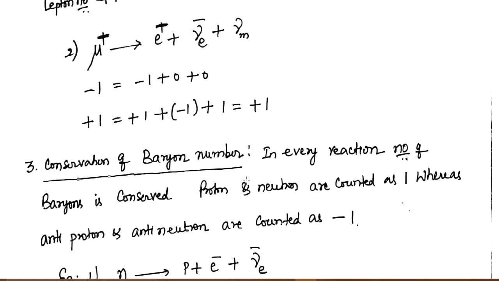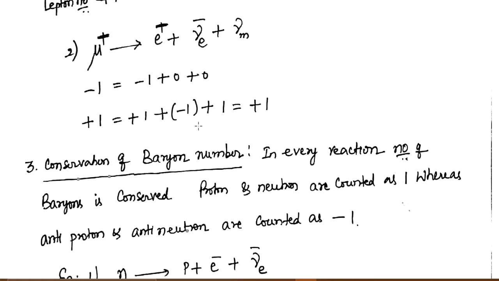Therefore the charge quantum number is satisfied. In the second line we write the lepton number: plus 1 for mu minus, for electron it is plus 1, for antineutrino it is minus 1, and for neutrino it is plus 1. The lepton number on both sides is plus 1. So thus the lepton number is conserved in the above reactions.